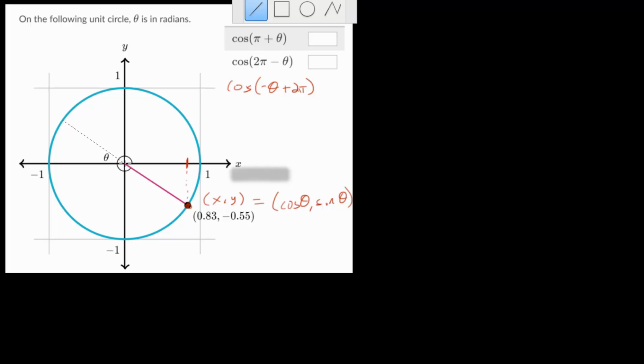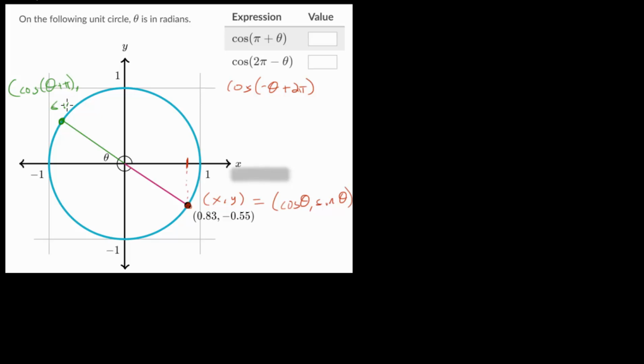And if we draw it correctly, it should form a straight line between these two rays, since this angle is pi radians or 180 degrees. So at this point over here, the x value is the cosine of theta plus pi radians, and the y value is the sine of theta plus pi radians.